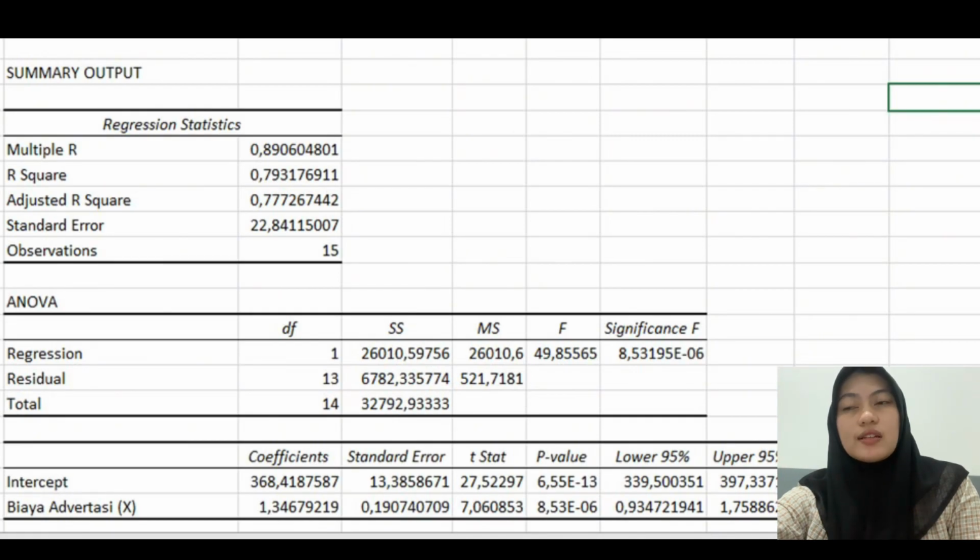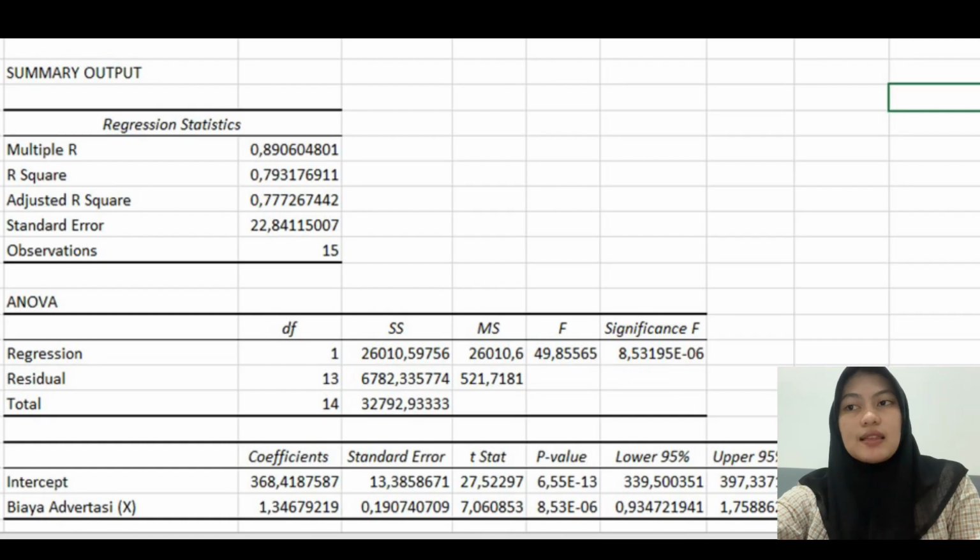And for the fourth is p-value, to see whether the coefficient is significant or not too. And for the last is lower or upper 95%, the confidence interval.